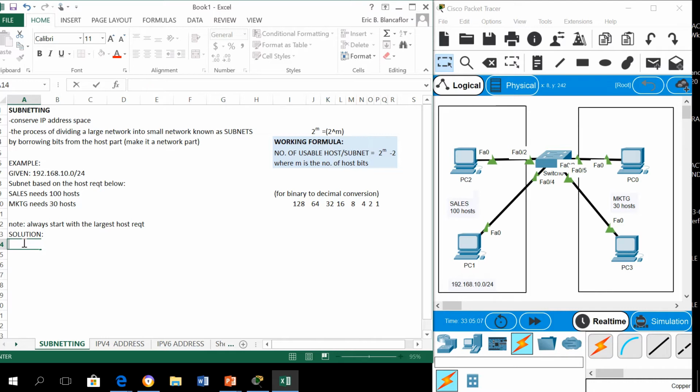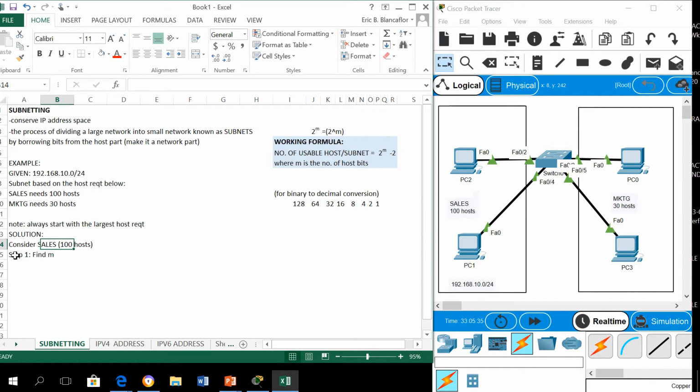Sorry, I forgot to write. We first consider sales. Sales needs 100 hosts. So step 1 of the process of subnetting is to find M. With this working formula, we find the value of M that will accommodate the 100 hosts.